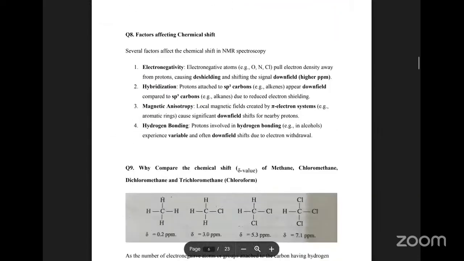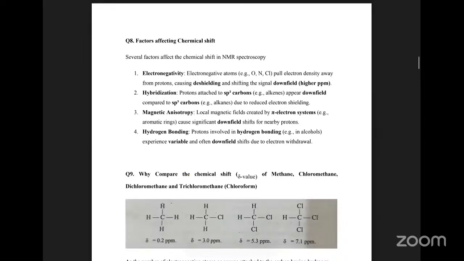Now, what are the things which affect the chemical shift value? What is the chemical shift value again? Chemical shift means the distance between 0 and the peak observed.